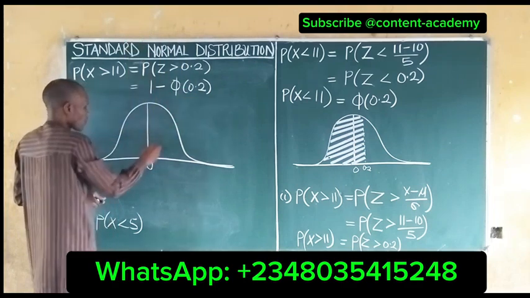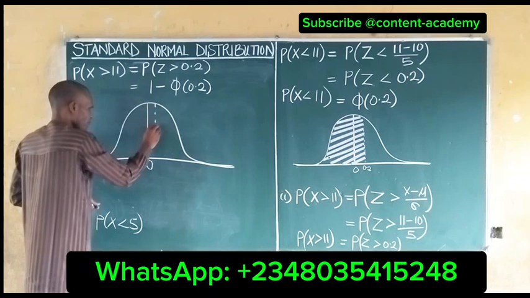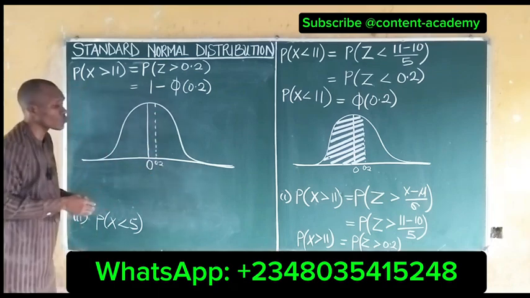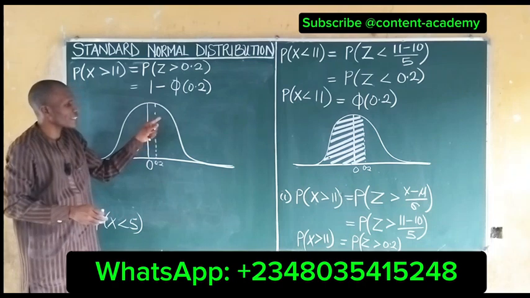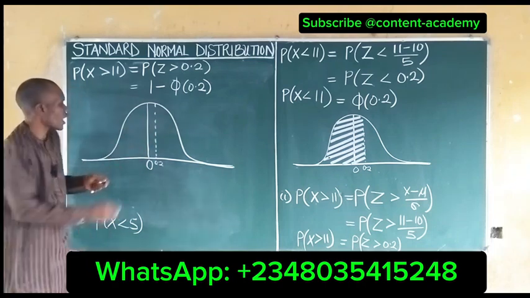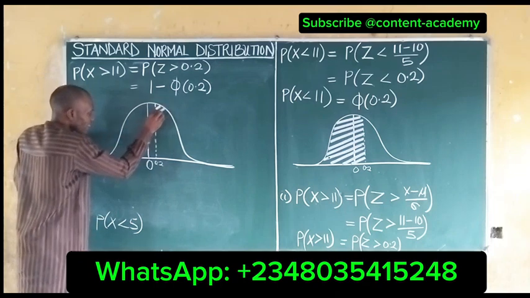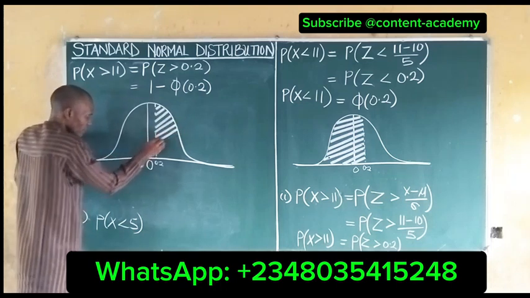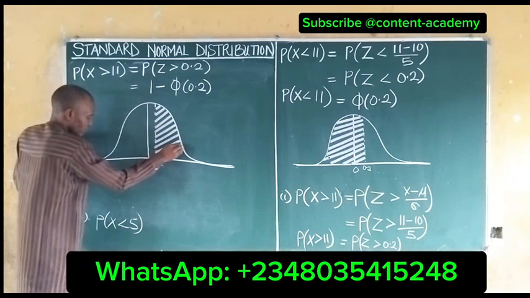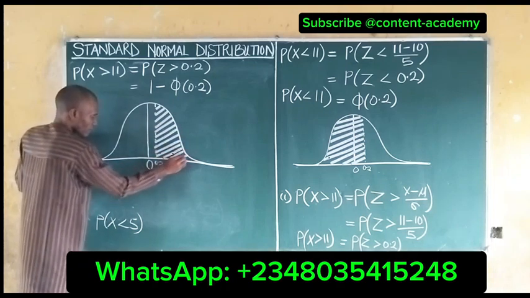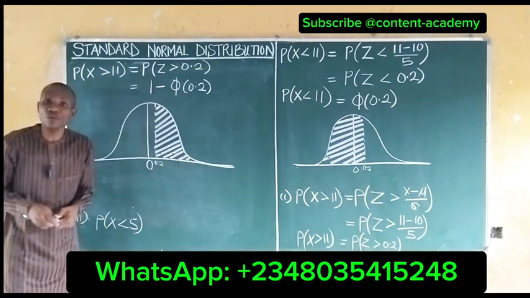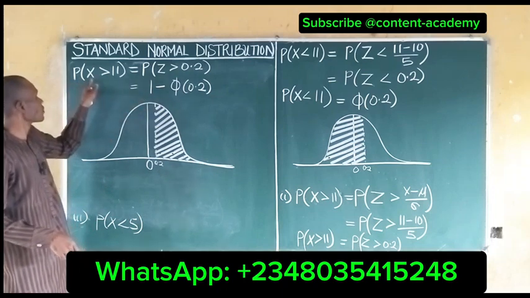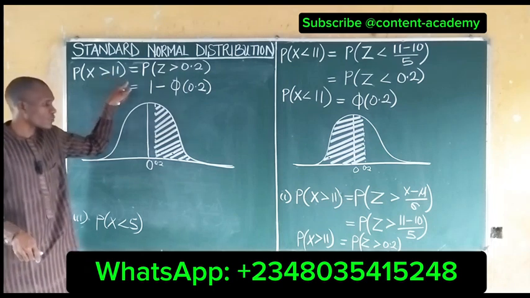This is our curve. 0.2 can also be somewhere around here. So the next thing to do is to indicate our shaded portion. Our shaded portion will now be at this area. So this is simply how to compute the probability for the normal distribution if we have the probability of X is greater than 11.